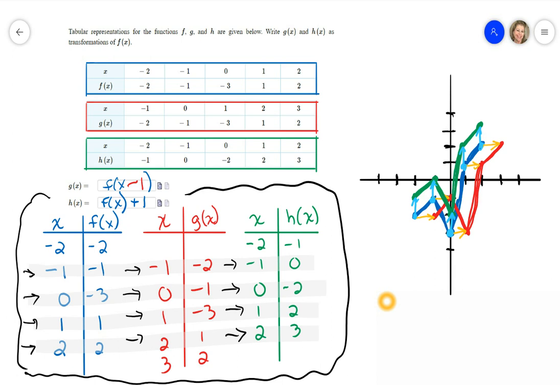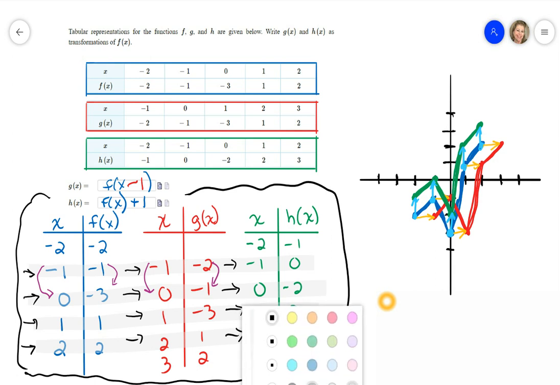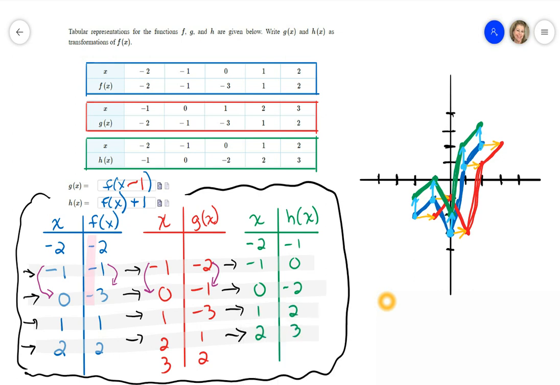As you're going from -1 to 0, it's going from -1 to -3, but then this is going from -2 to -1. I think a highlighter would work better here. It's kind of like -2, -1, -3, 1, 2 dropped down.